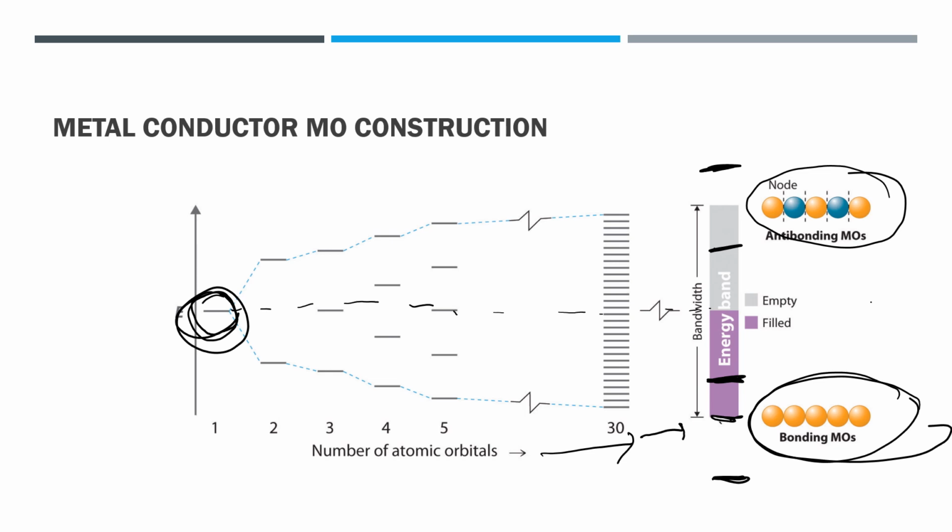How low in energy is the most bonding molecular orbital? How high in energy is the most antibonding molecular orbital? This is determined by the depth of the energy band, right? How low it goes, how high it goes.